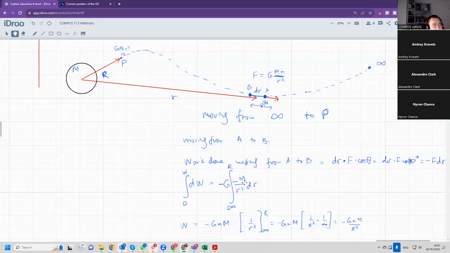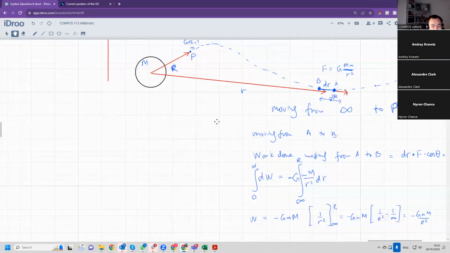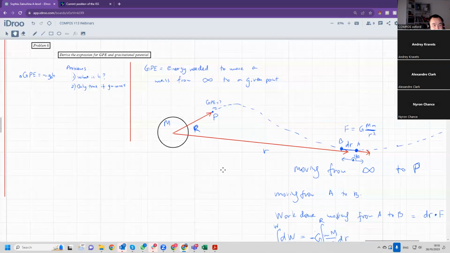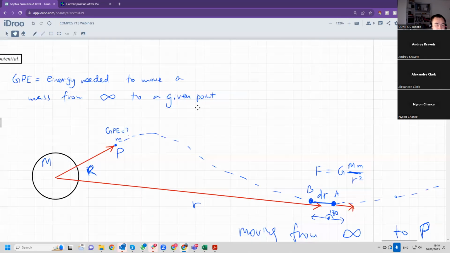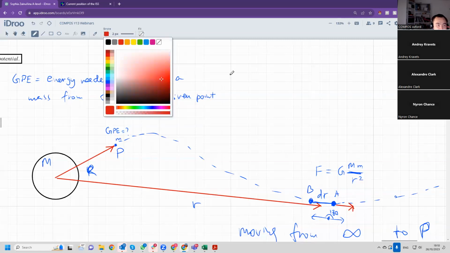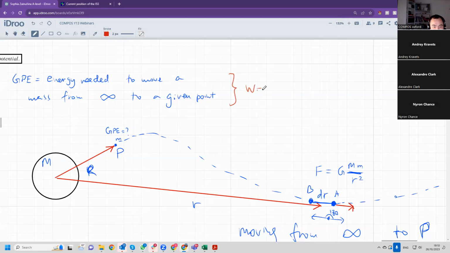Okay. And the work done moving is equal to minus GM over R squared.